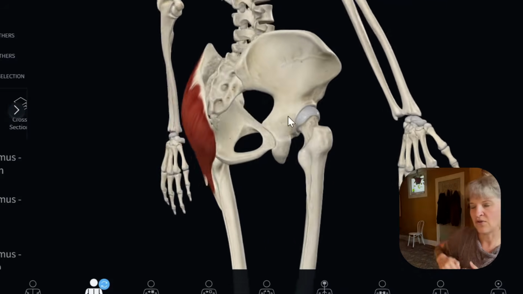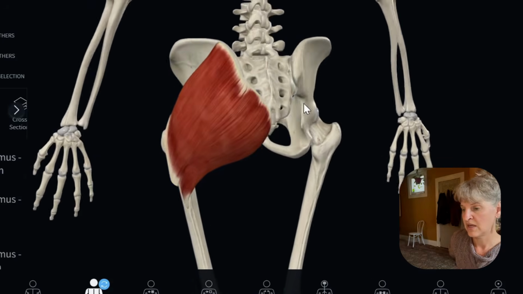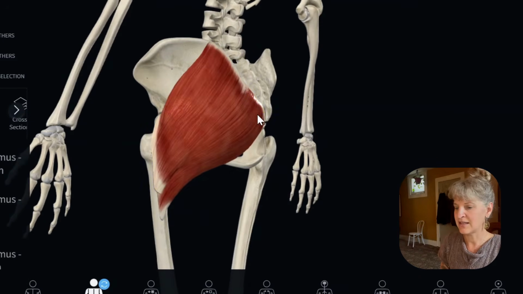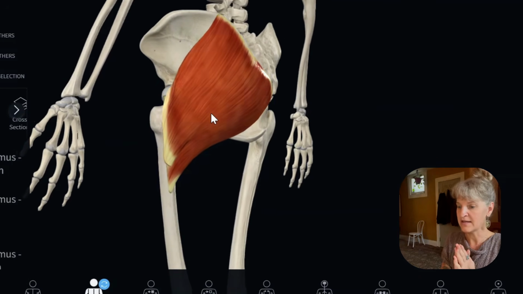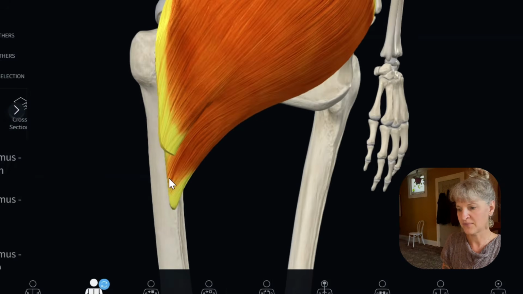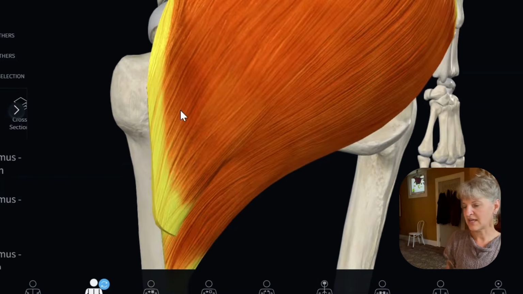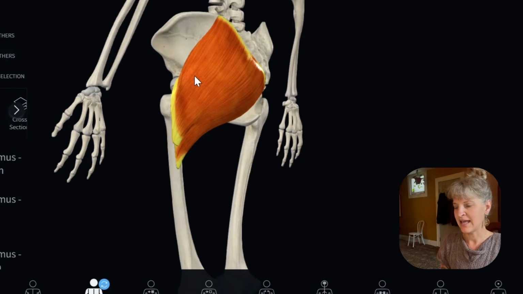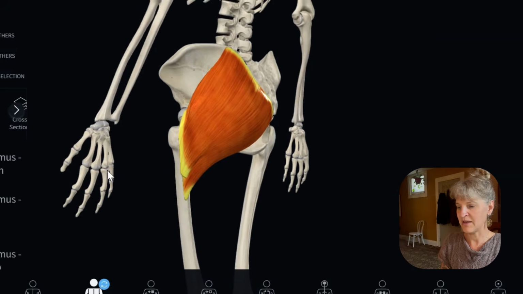So it goes all the way down to the tailbone. That's the origin, that's where it's stable. The insertion, where the greatest line of pull is, is the gluteal tuberosity of the femur and the IT band, the IT tract. So it attaches a little bit to the leg and a little bit to the IT band.